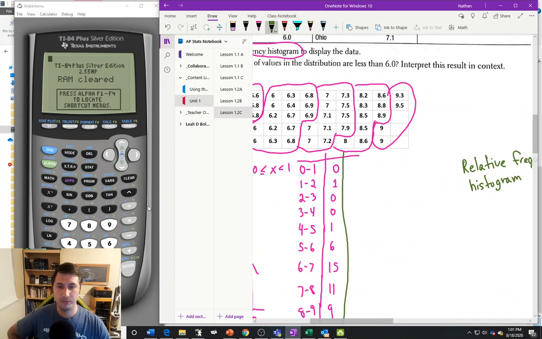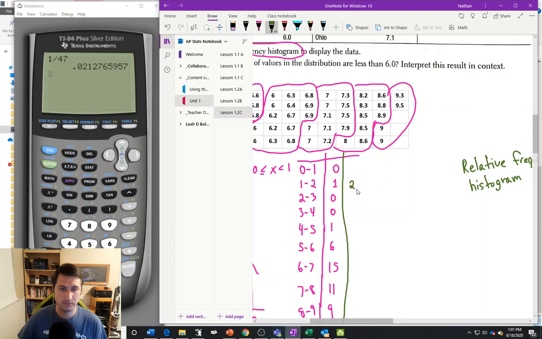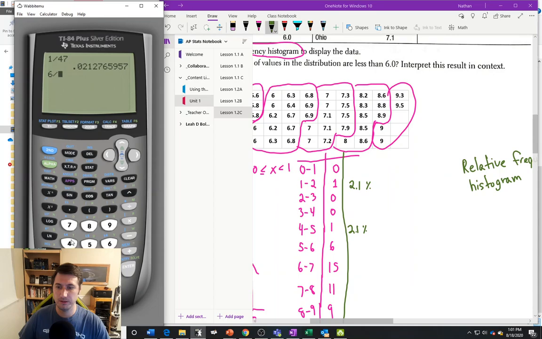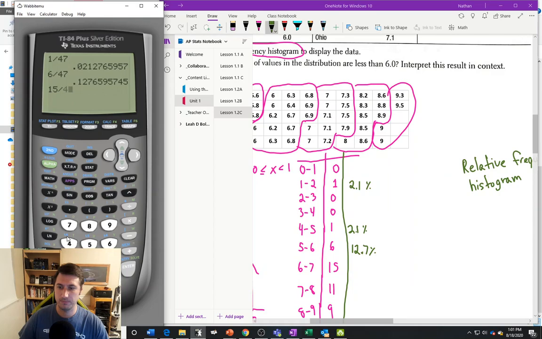So first one, we have one data point in that one, and I do believe there were 47 pieces of data here. You could count them all if you wanted, but I'm pretty sure it's 47. So that is 2.1%. All right, and we just keep going. I know this one down here is also 2.1%. 6 divided by 47, 12.7%. 31.9.